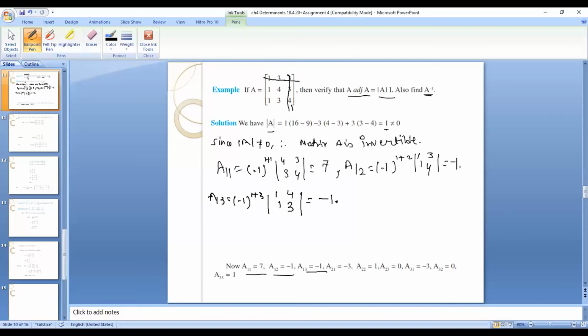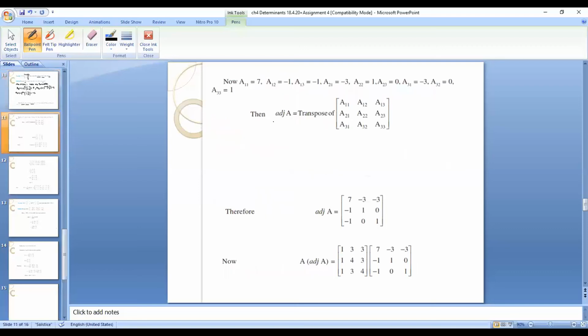And so on. You will be calculating all the cofactors the same way: A21, A22, A23, A31, A32, A33. After finding all the cofactors, you will write the adjoint. Adjoint A is the transpose of all the cofactors A11, A12, A13, A21, A22, A23, A31, A32, A33.